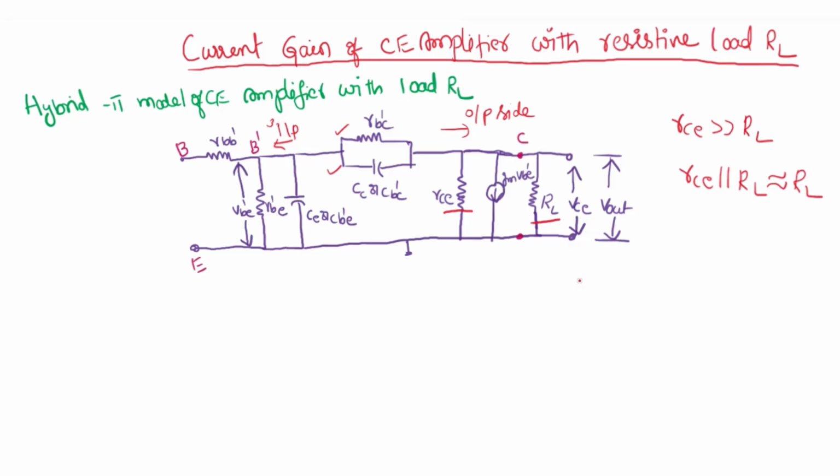To separate these types of components which connect the input and output, we have a theorem called Miller's theorem. According to Miller's theorem, the circuit is like this.